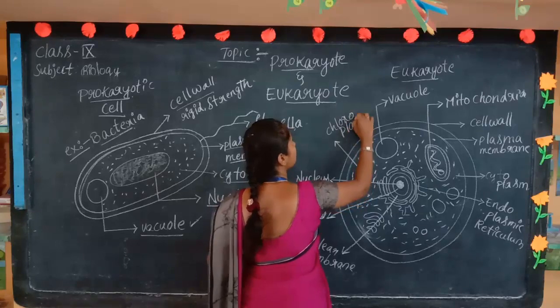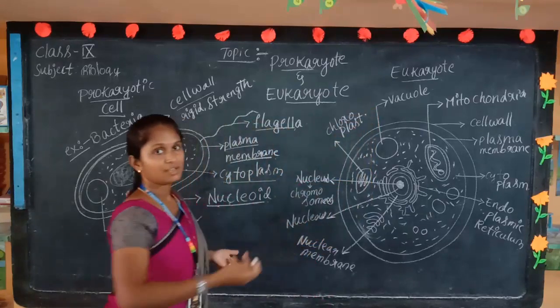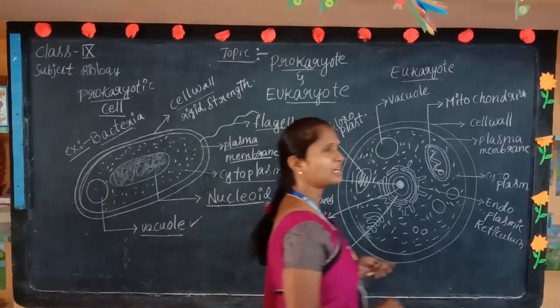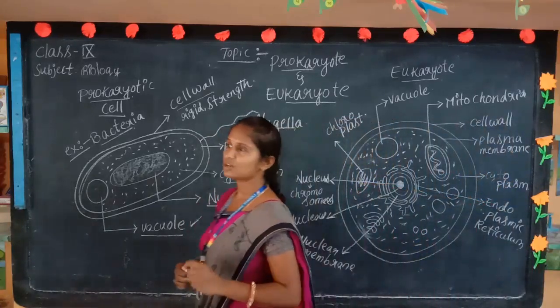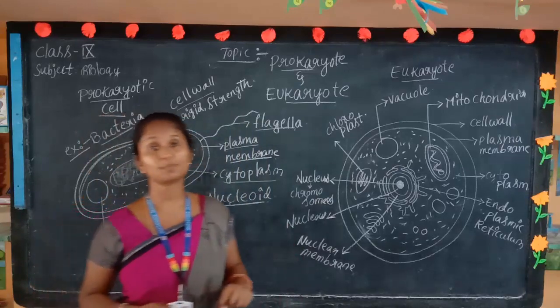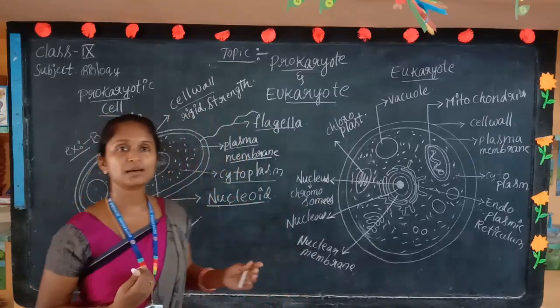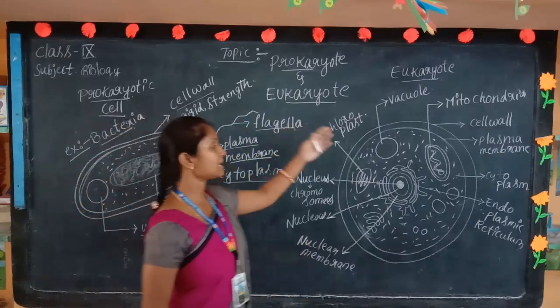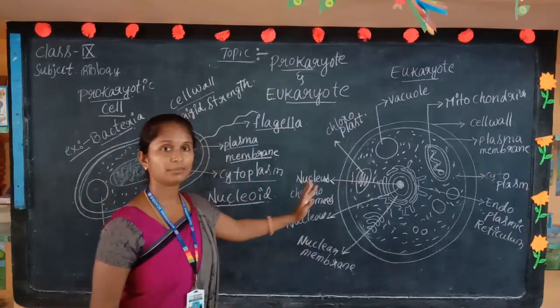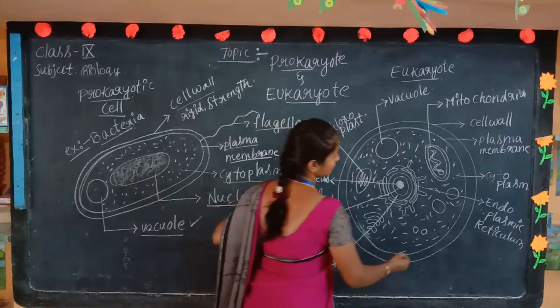Chloroplast is useful for photosynthesis. You may wonder, ma'am, animal cell means human cell. Human cells do not have chloroplast. Yes, we do not have chloroplast. But there are some more differences between plant cells and animal cells. Here I am just telling the common things.